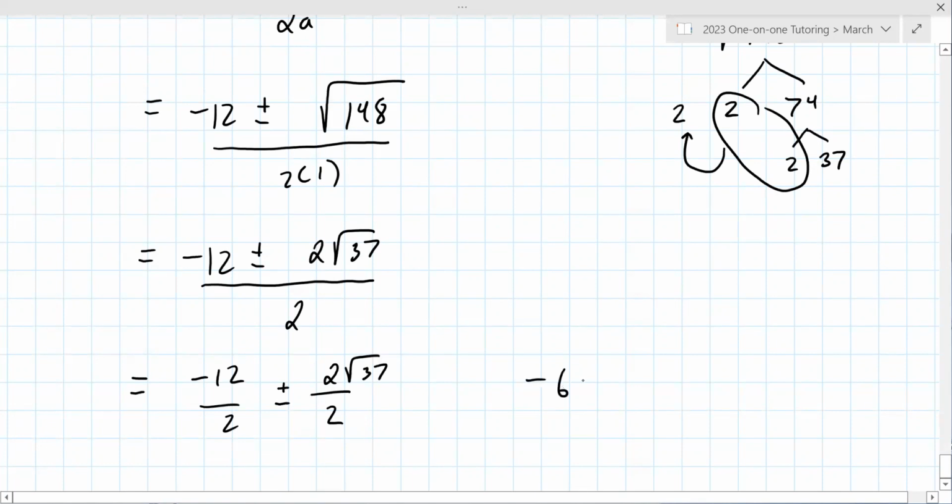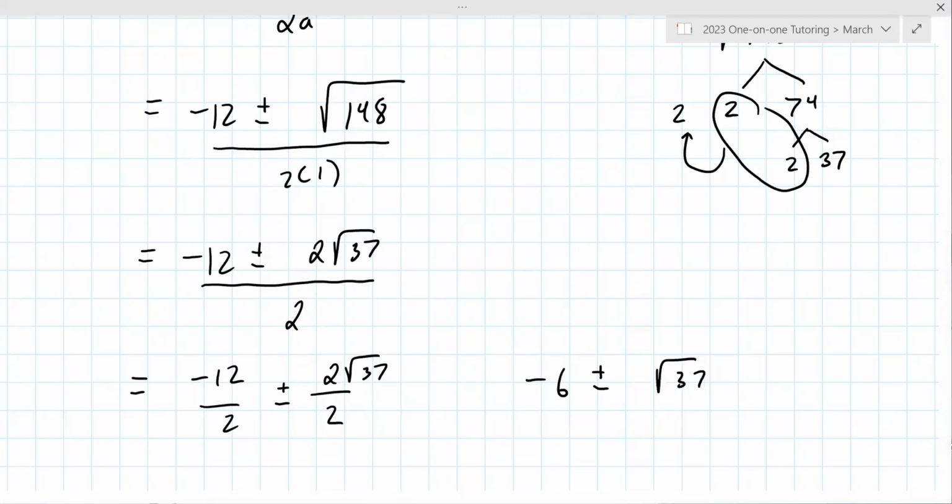So this becomes -6 plus or minus the square root of 37. Let me know when you get all that down.